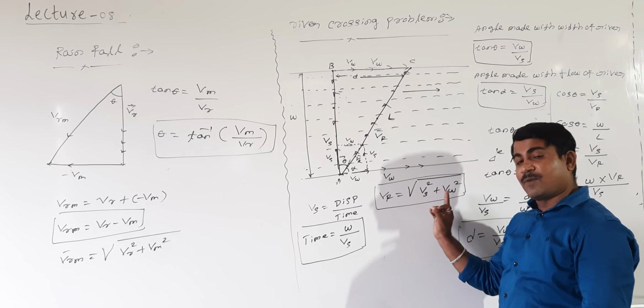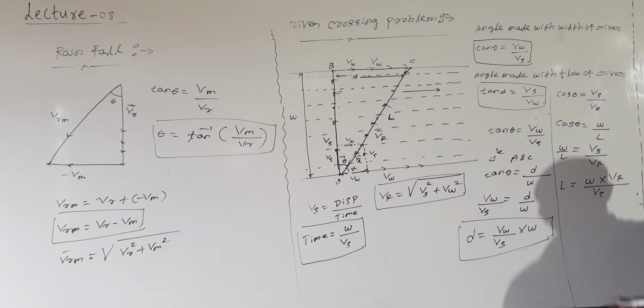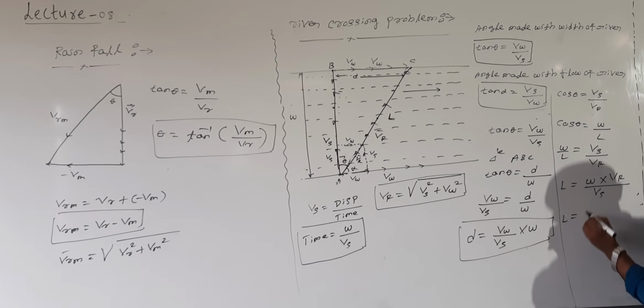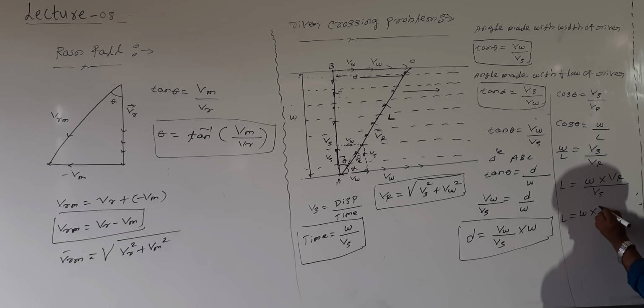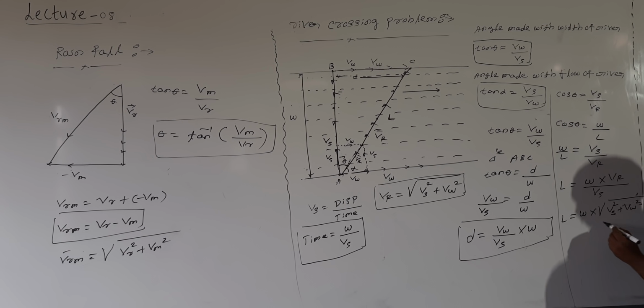Under root of Vs square plus Vw square. Then L equals W into under root of Vs square plus Vw square, whole divided by Vs.